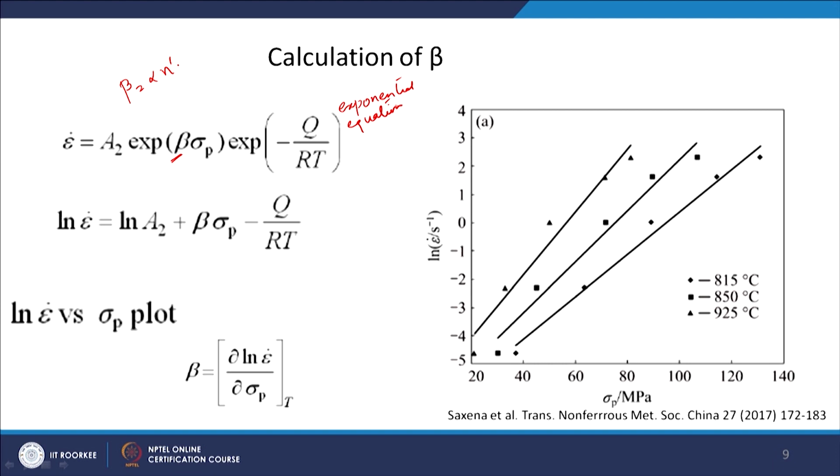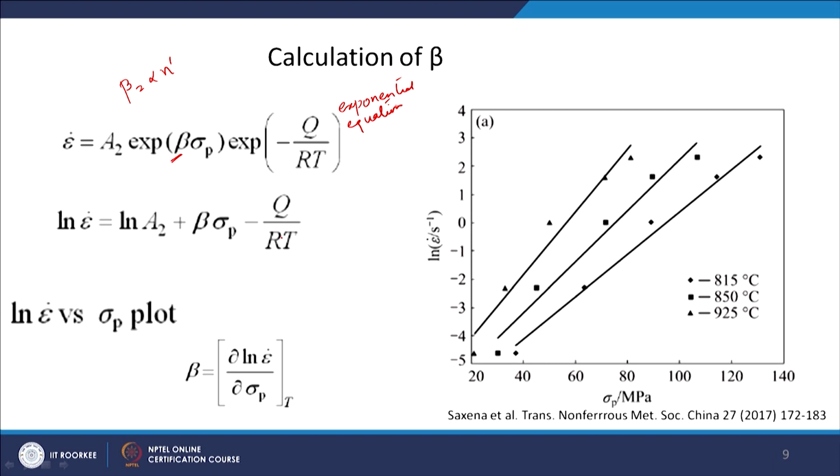Now, we want to know beta. Again from this equation I can take ln, so it will be ln of epsilon dot equal to ln of A2 plus beta sigma p, and this exponential term will be minus Q by RT.